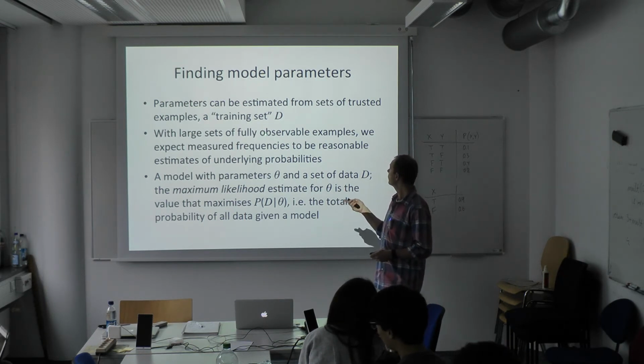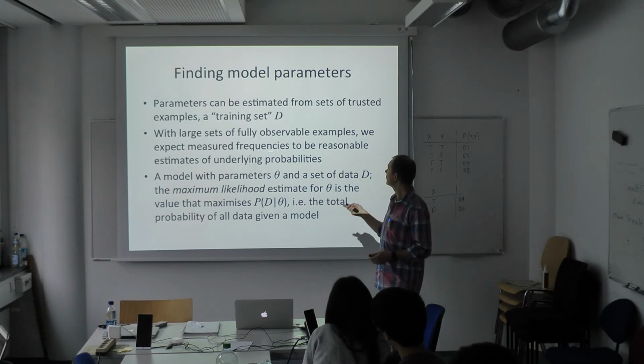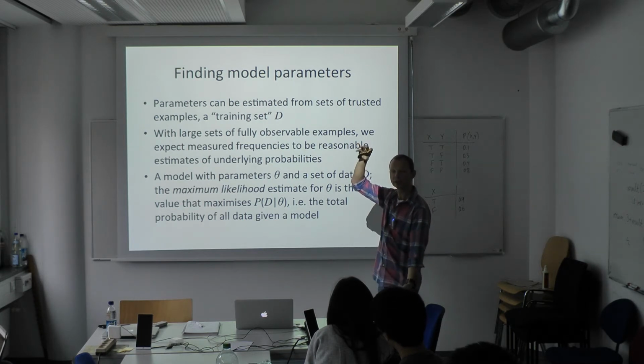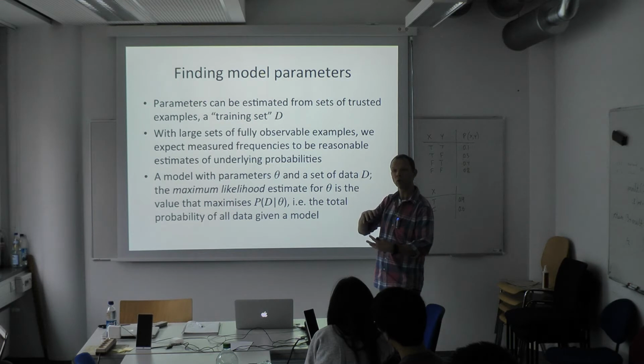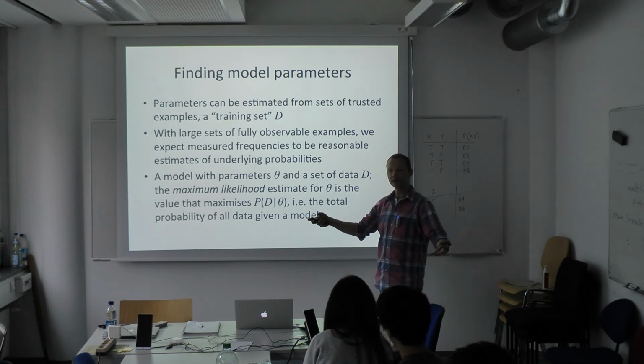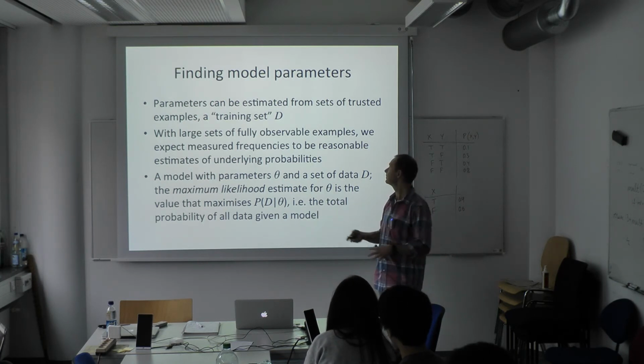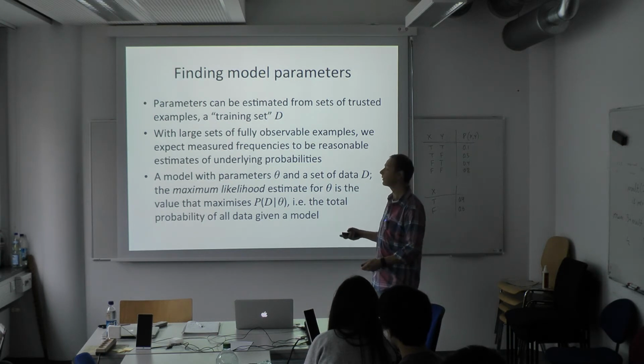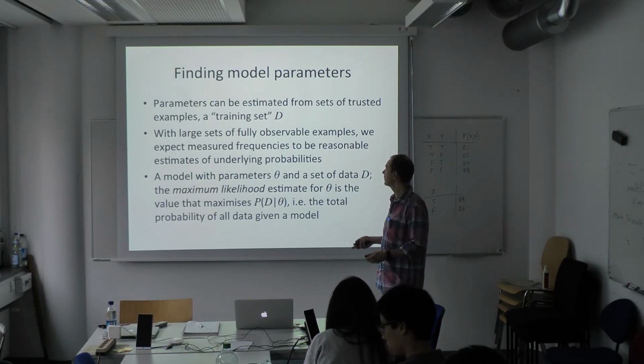And with large sets of fully observable examples, we expect measured frequencies to be reasonable estimates of underlying probability. So if we have big enough data, we think that is going to accurately represent the real world. Our data will never be complete, probably. But having a big enough data set, it's going to be a good enough estimate for us.